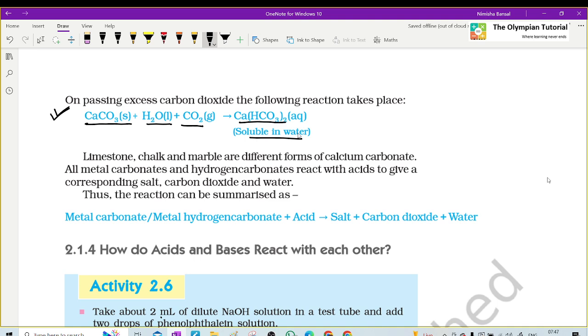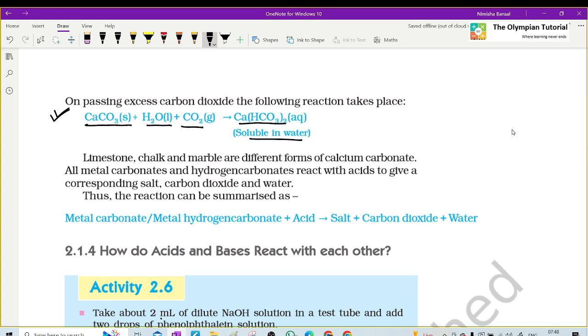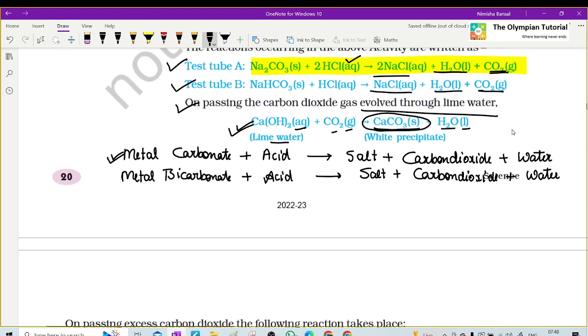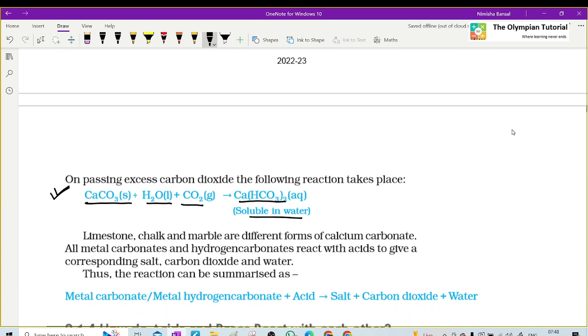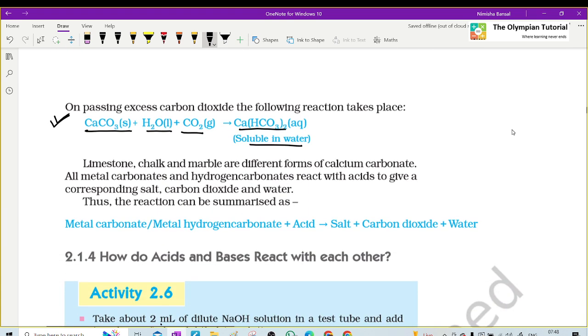So when calcium hydroxide reacts with carbon dioxide, a milky color appears due to the white precipitate of calcium carbonate. When excess carbon dioxide is passed through it, calcium bicarbonate is formed, which is soluble in water.